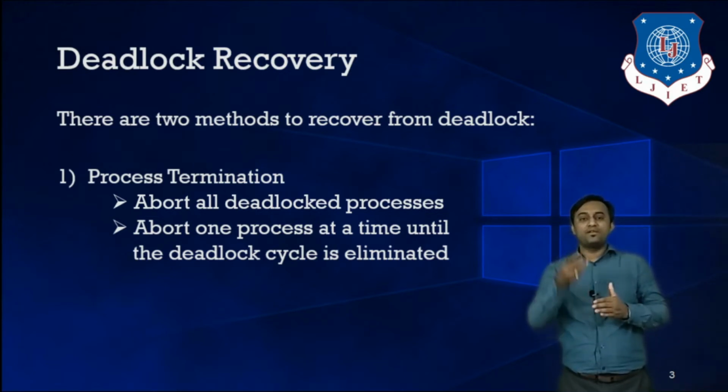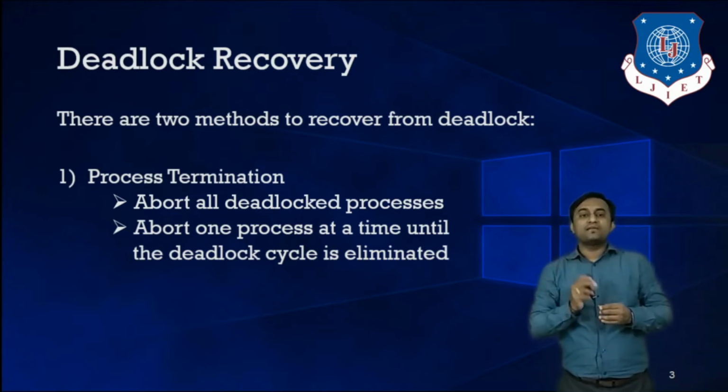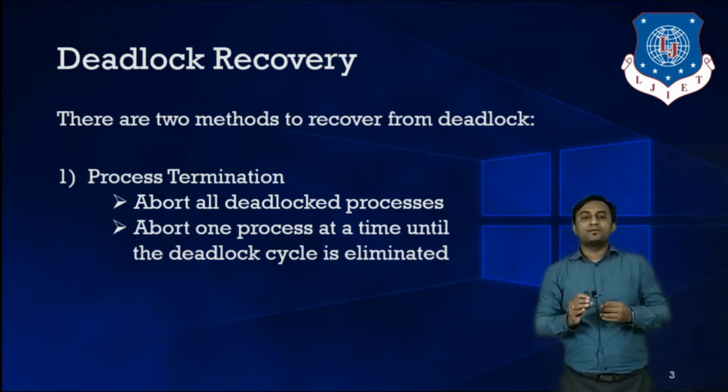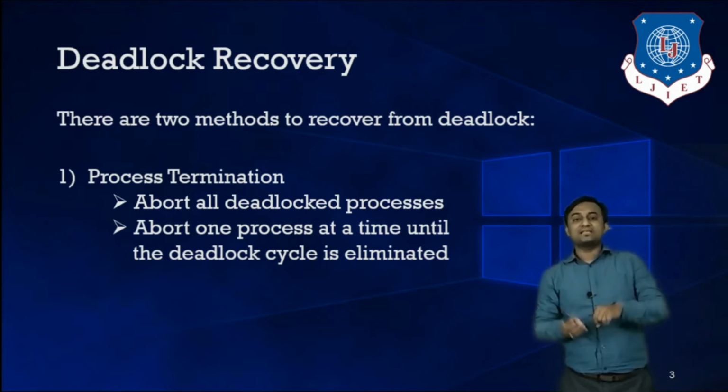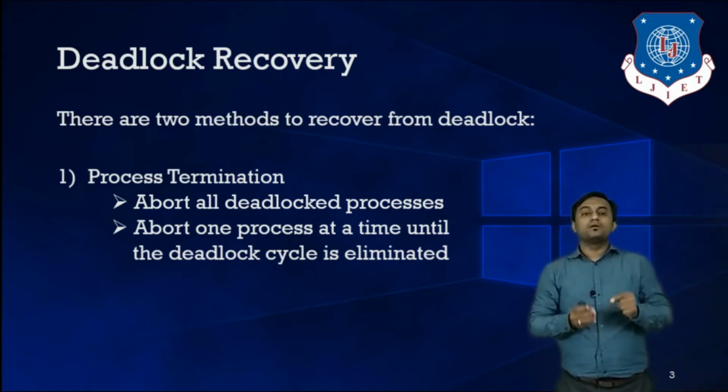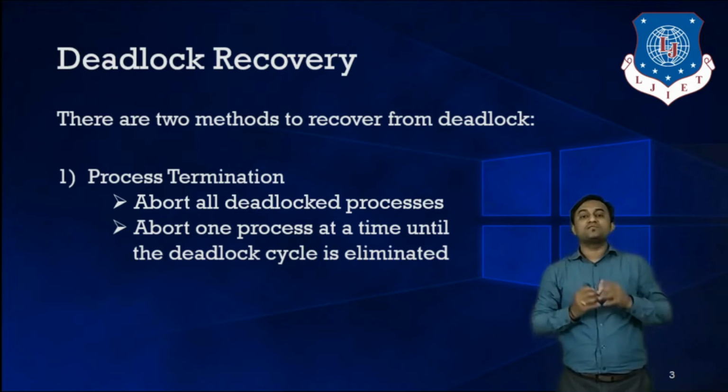For example, if we have 5 processes involved in deadlock, suppose I pick any one process and terminate it forcefully. What will happen? The associated resources of that process will be freed, so there are chances to recover from the deadlock situation.